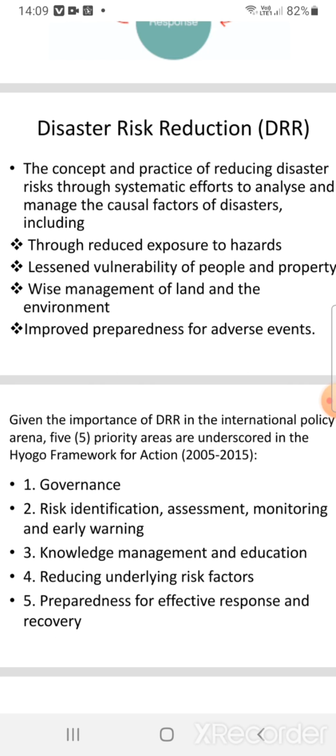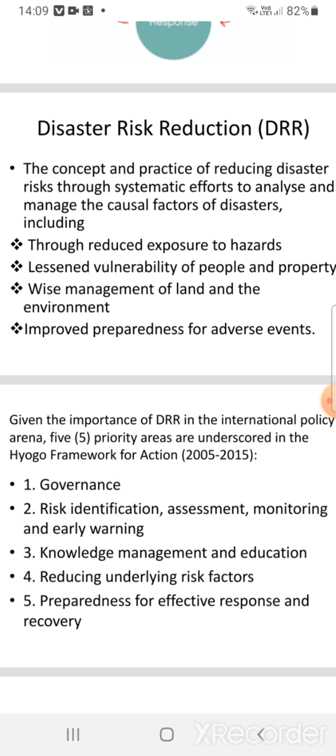Now, you have to understand each and every term of disaster risk reduction. Actually, disaster risk reduction is a concept where we practice to bring a reduction in the risks involved in a disaster. And the question arises, how do you do it?